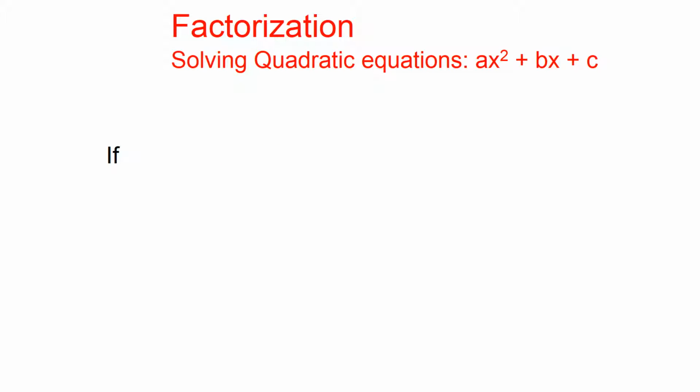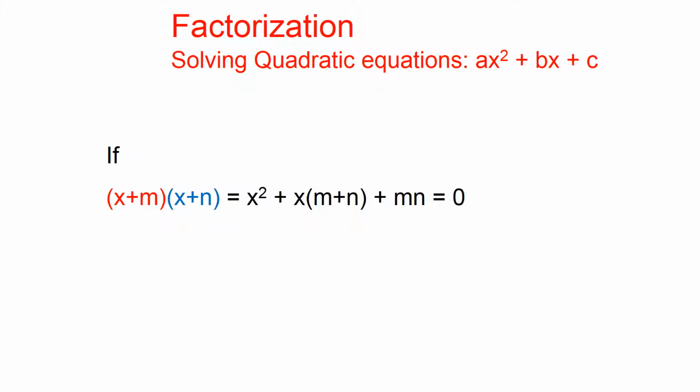It's important here that we can think about if we can make an equation y equals x squared, a number times x, and then a number, equal 0. We'll go on to think about how we might do that.